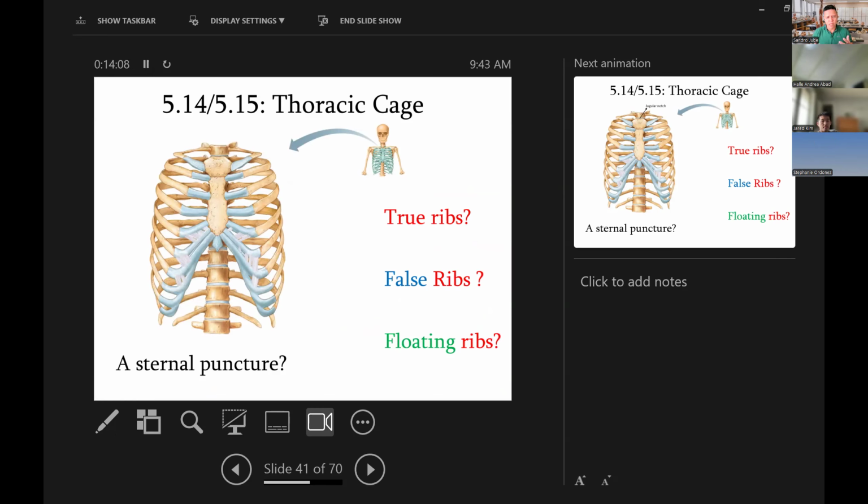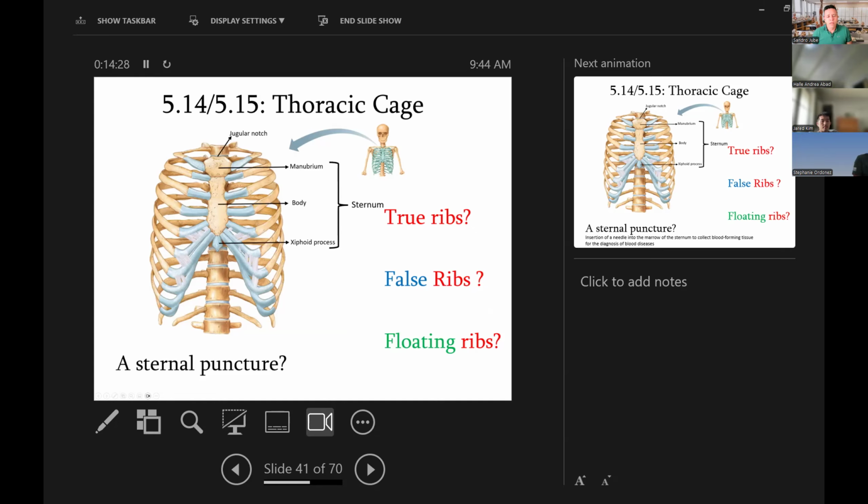What is the difference among the true, the false, and the floating? Look, first of all, our ribs are numbered 1 all the way through 12, okay? And those ribs, they are not all the same.